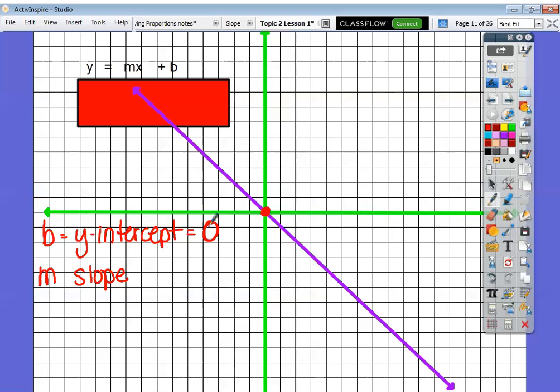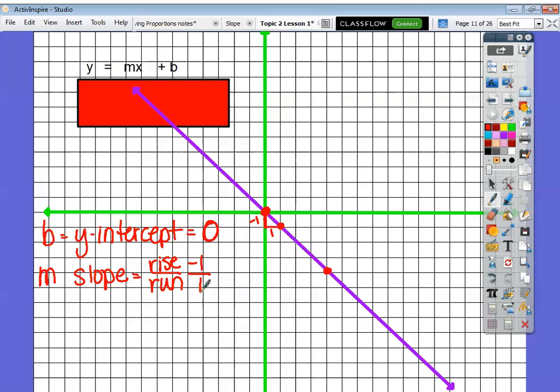Now my slope is always rise over run, so I'm going to find some good intercepting points. Look at that, that's a good one, and that's another good one. So it looks like I went down 1, that's a -1, so my rise was -1. Then I went right 1, so that's a +1.